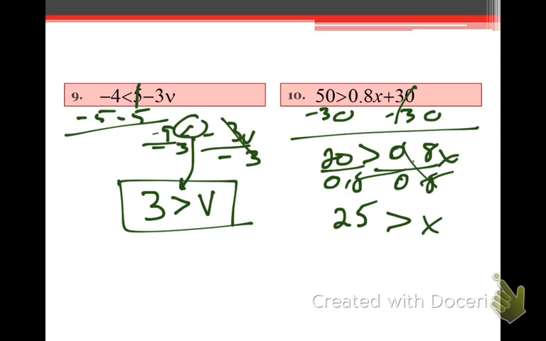Good. Didn't flip the inequality sign? Okay. Divided by a positive, right? We didn't need to there. So you should end up with that guy right there. Good? All right.